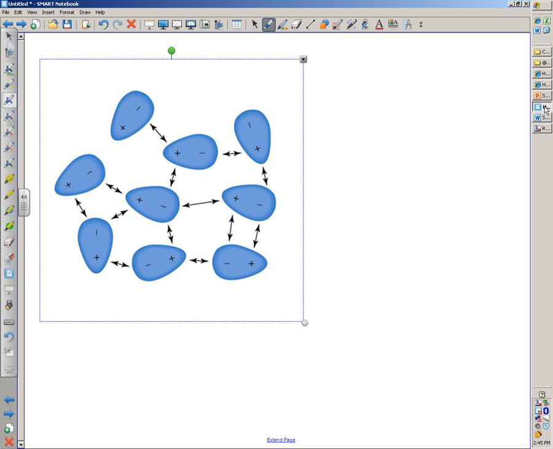How do I know that these blue eggs represent polar covalent bonded molecules? Far, go ahead. The arrows show that the positive sides are attracted to the negative side. Okay, so we're seeing some attractions here. But, Far, let me zoom in on this. Technology, I hope this works.